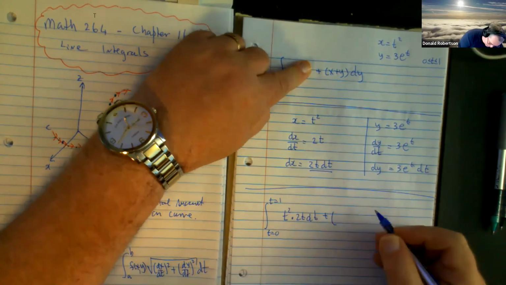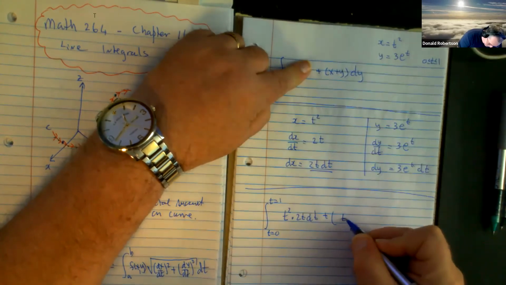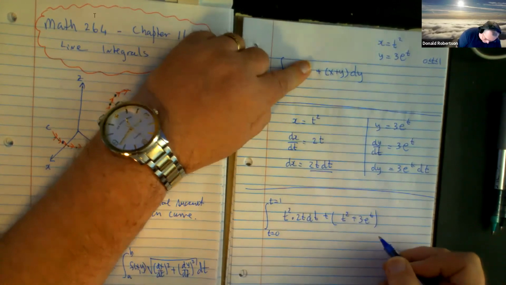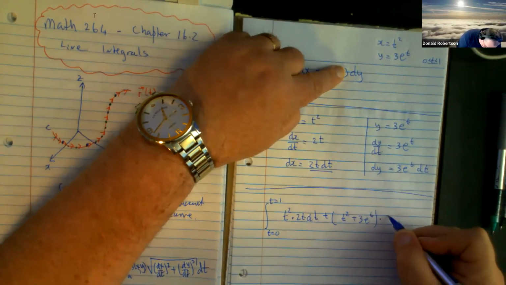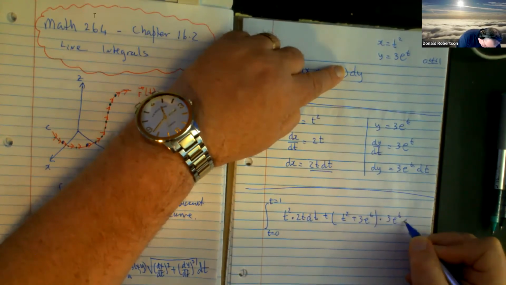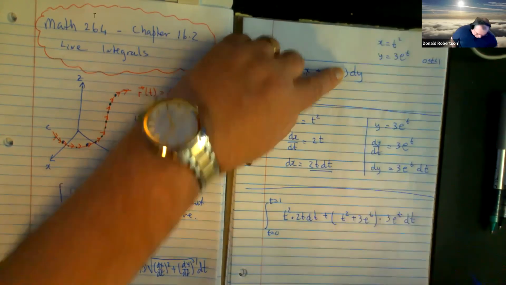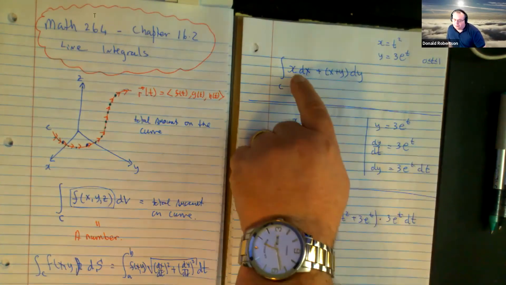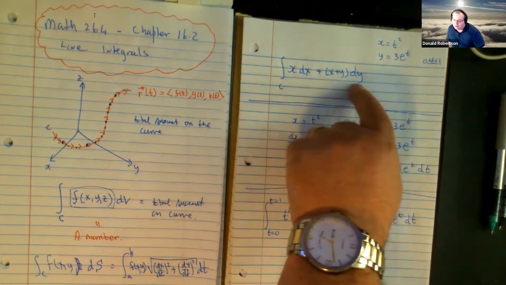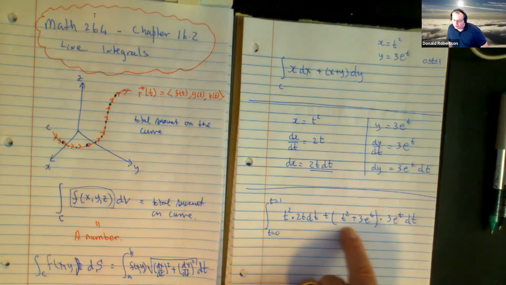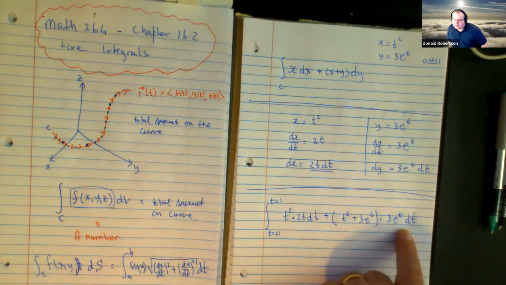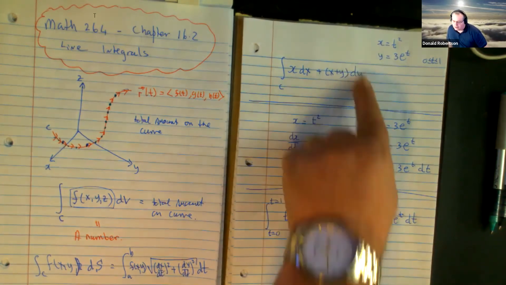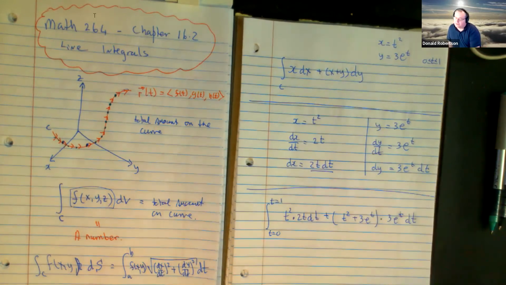Plus, x plus y is going to be that guy plus that guy, times dy, which is going to be replaced by that guy. So essentially, aren't I just substituting everything that has an x and a y with the equivalent thing that uses t? Even replacing the dx and the dy in terms of t as well.